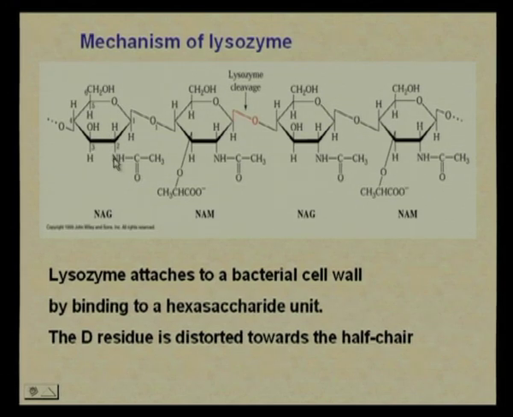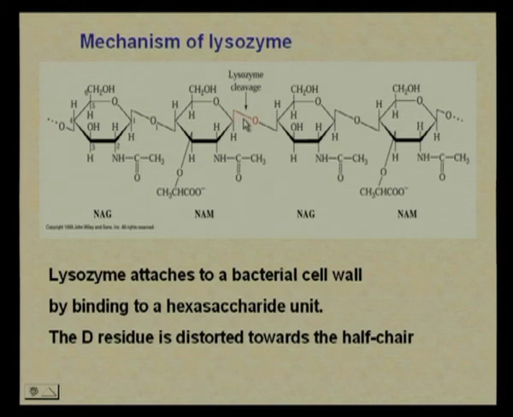We have our NAG. What is the R for the NAG? H. That is this H as we see here. What is NAM? When we have CH3CHCO minus. So, that is NAM.